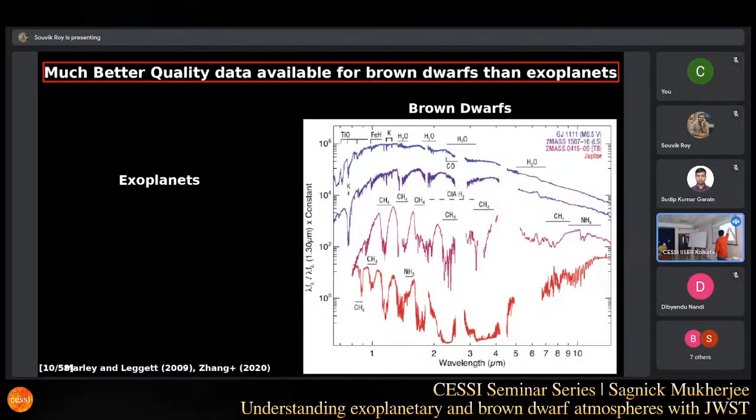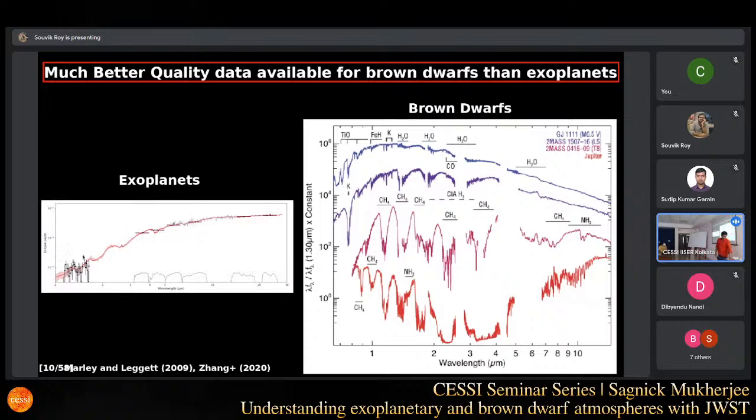For example, here you see 3 spectra of brown dwarfs in the top 3 spectra, and the bottom red spectrum is a spectrum of Jupiter today. Then you can see that we have similar quality of data from brown dwarfs, almost as what we have from Jupiter. But if you remember, our data on exoplanets was quite poor.